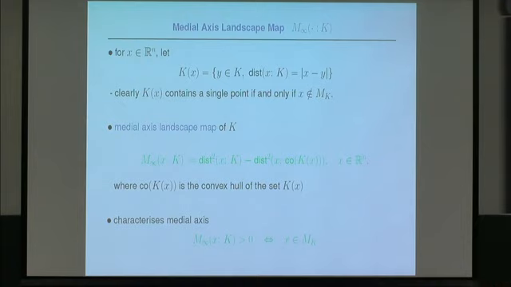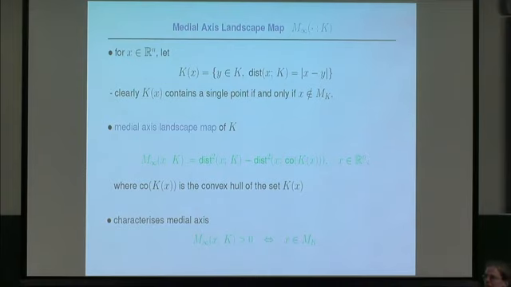Okay, so to define this, given a point x in Rn, we will let k of x be the set of points y in the set k at which the distance to the set k is attained, right? So if we are in the medial axis, then the set k of x contains at least 2 points. If we're not in the medial axis, then it contains a single point, right?